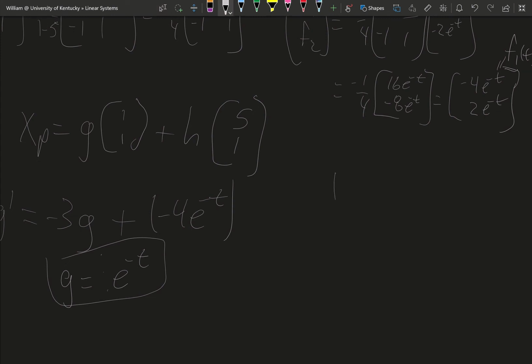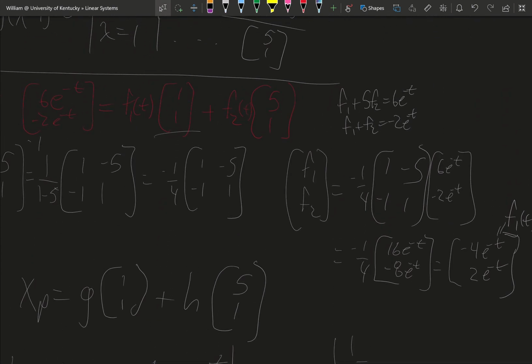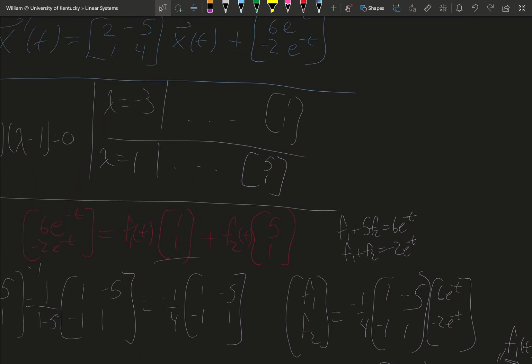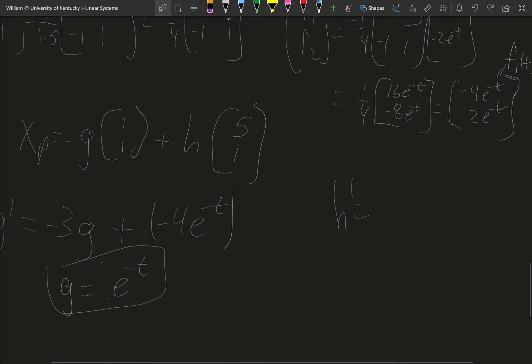Now for H prime equals, see, H was attached to 5, 1. 5, 1 is associated to the eigenvalue 1, so 1 times H, and then plus F2 which is e to the -t.